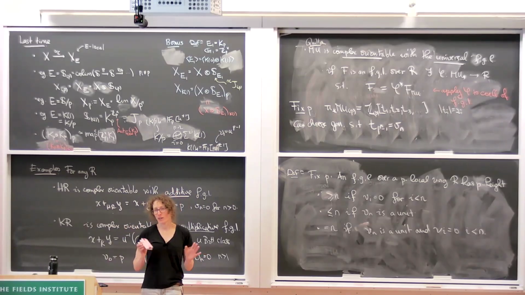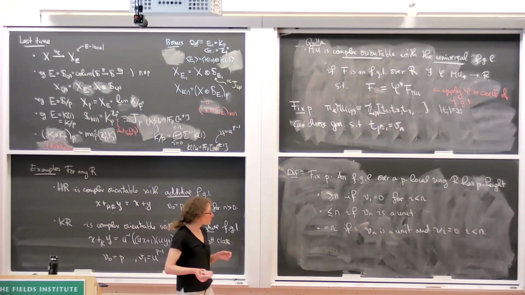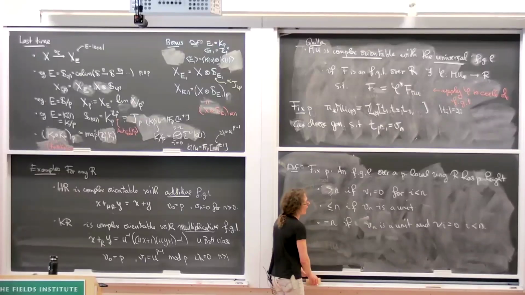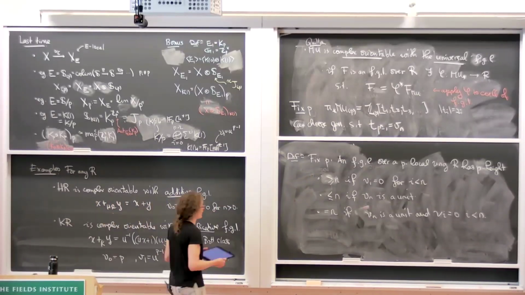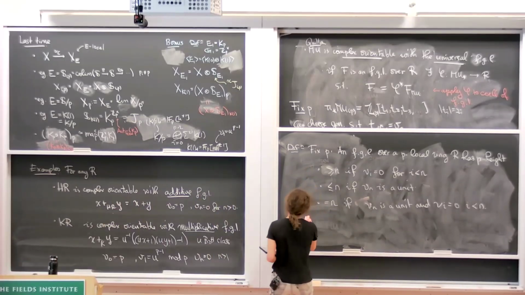That's why they look a little weird. I don't want to say more about that, but don't worry, this is a definition, and that's just how it's going to be defined.